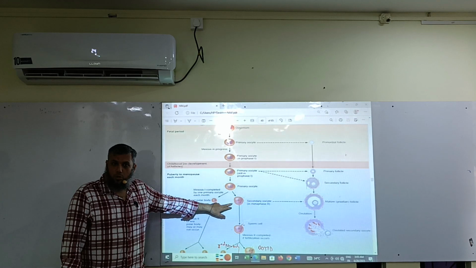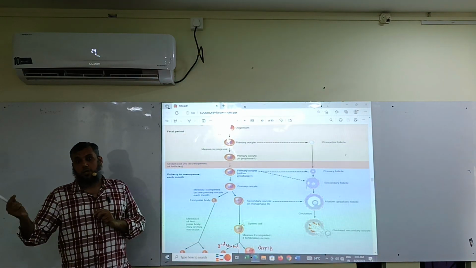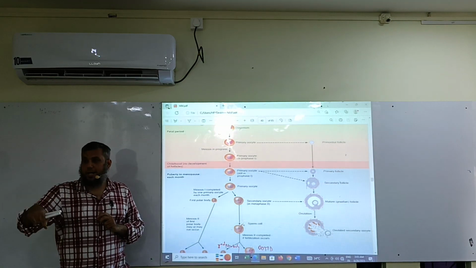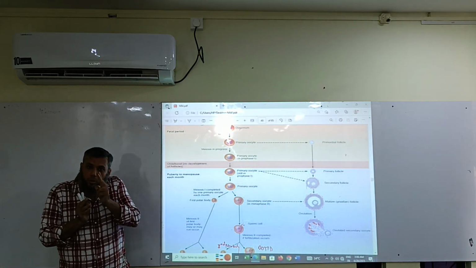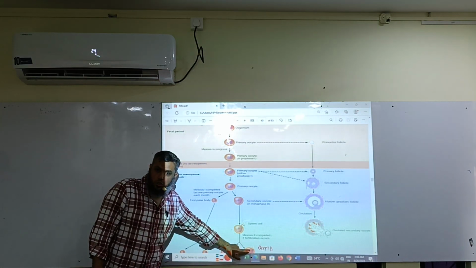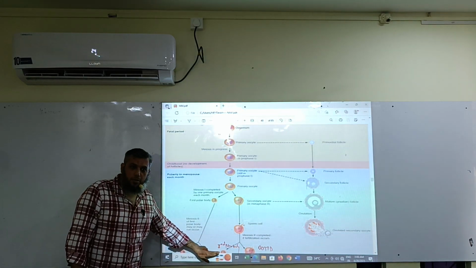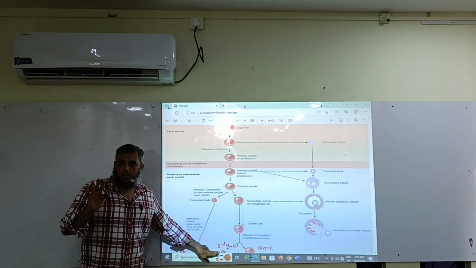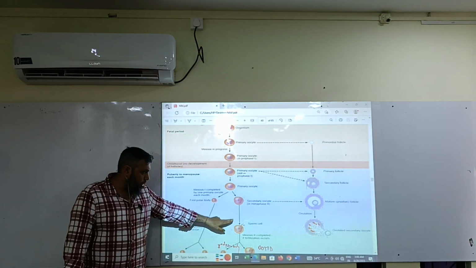Does it complete its meiosis 2? No. Only if sperm enters inside will it complete its meiosis 2. And then it will result in the formation of a mature ovum, that is an ootid, along with the second polar body. So in a female where fertilization does not take place, what will we get?